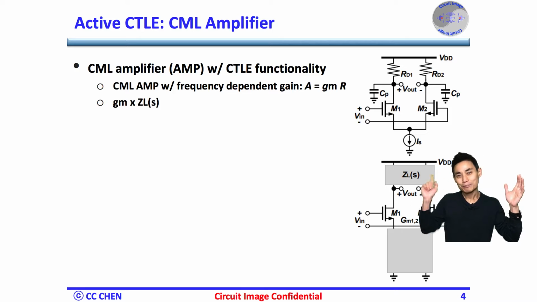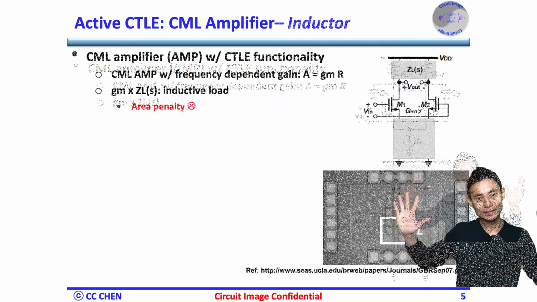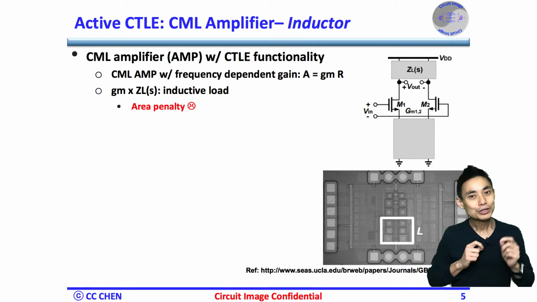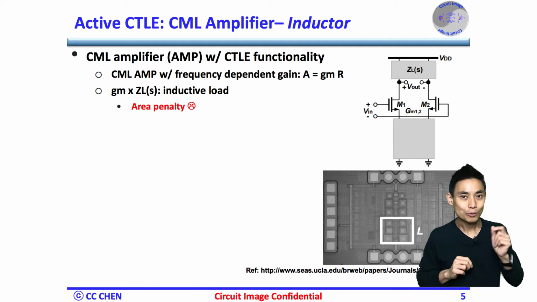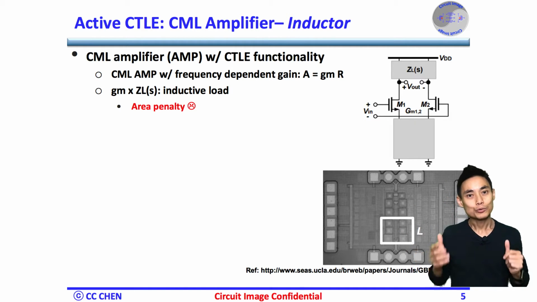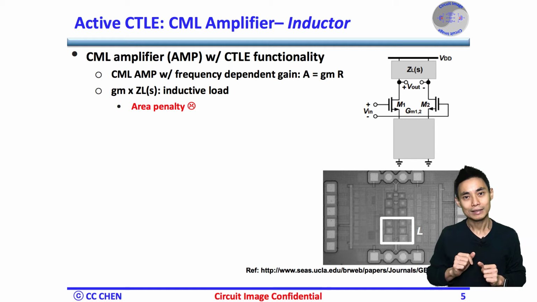Think about the passive components for 5 seconds. Correct. That's the inductor. But you might need 2 inductors in one CTLE stage, and then multiply it by however many stages we decide on.